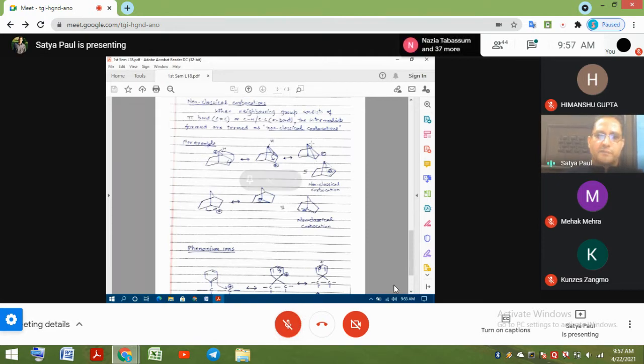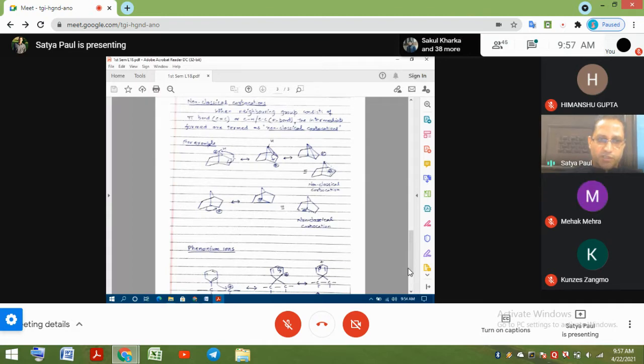Now you see the plus on this carbon, plus on this carbon here and plus on this carbon. So let us write the resonance hybrid, the same molecule without this carbon-carbon double bond. Now see, this bond is partially breaking, so dotted.